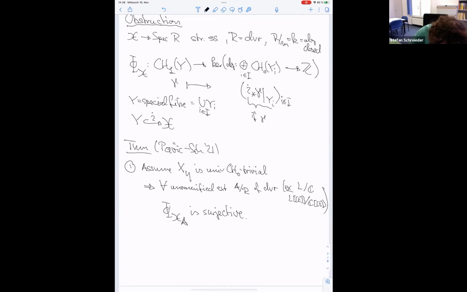So if gamma has support on a single Y_j, then we can compute this easily. So it's just given by: you intersect the 1 cycle with Y_i, if Y_j is another component, so if i is different from j.